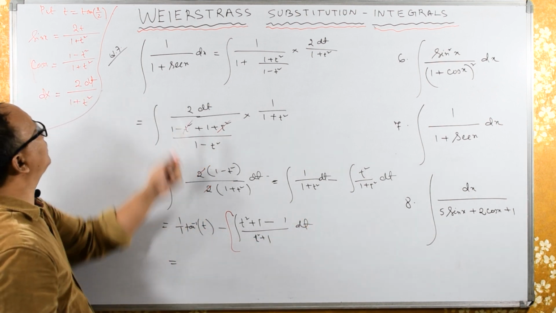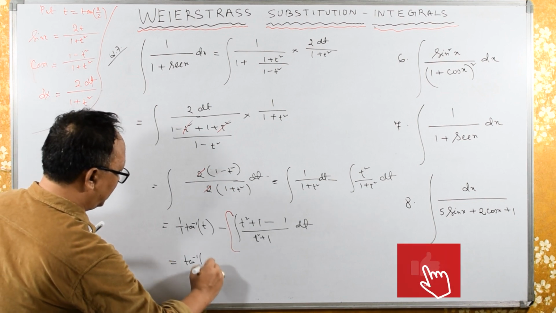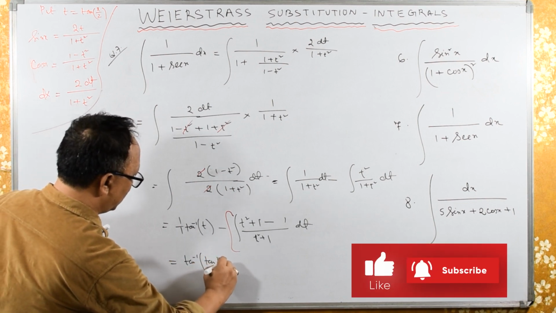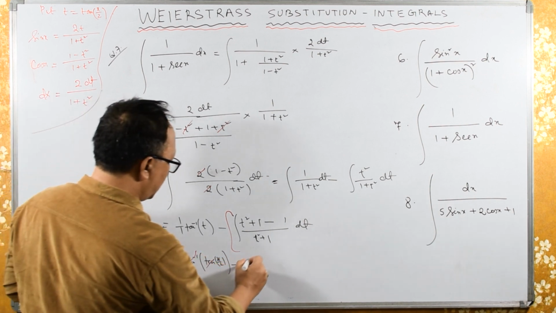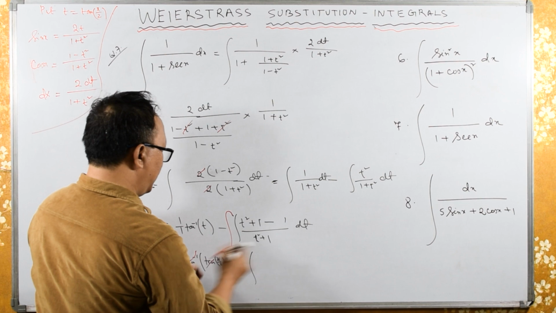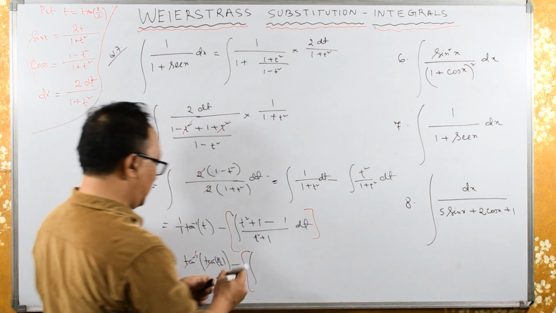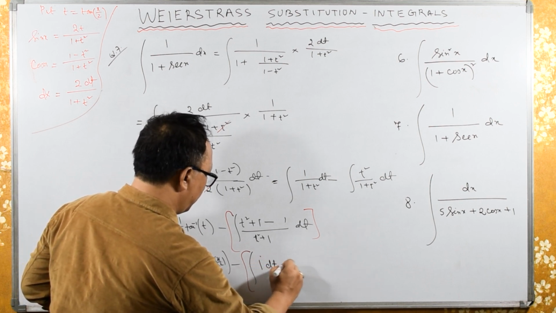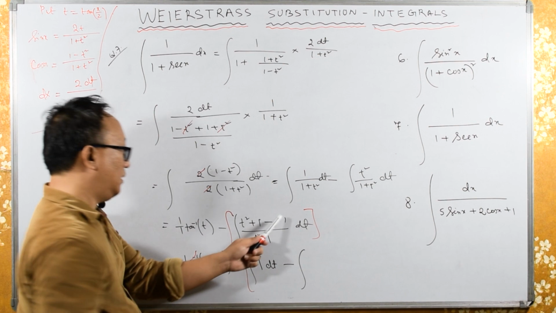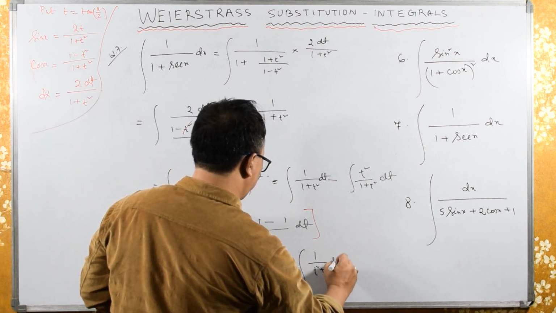Tan inverse t, coming back, t is tan inverse of tan x by 2. Tan inverse and tan get cancelled. Minus the integral, now this upon this is 1, so I will have 1 into dt, minus the integral of 1 upon t square plus 1 dt.